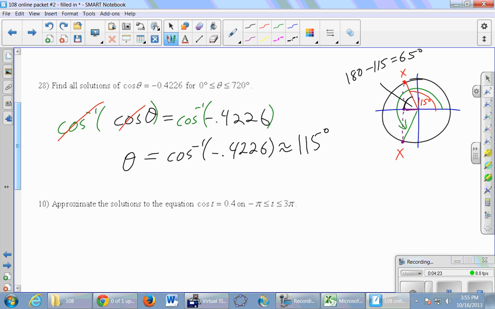And if that's 65 degrees in there, then it sure feels like this in here is also going to be 65 degrees. And so that means that the green angle is going to be the 65 plus a half a revolution, 180 degrees. So the green angle is about 245 degrees, and now we have our two fundamental answers.